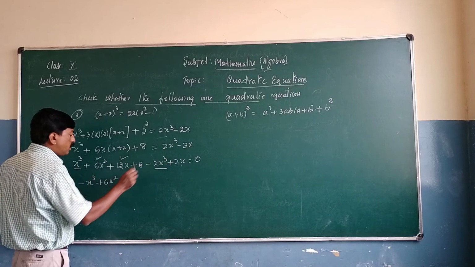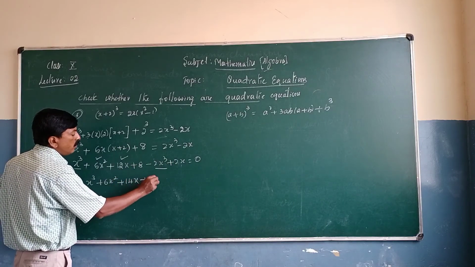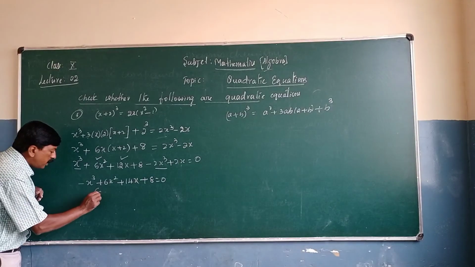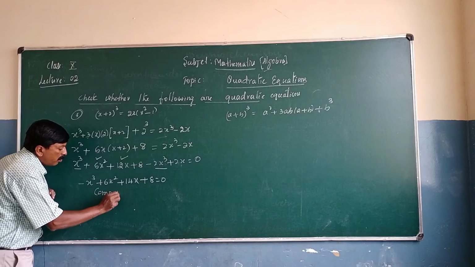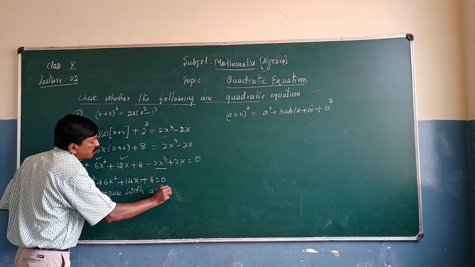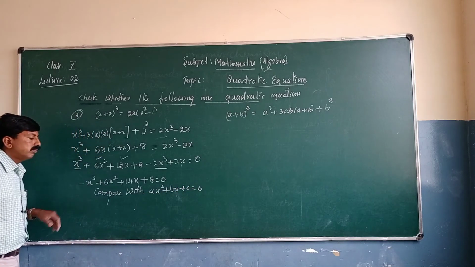Plus 12x plus 2x is plus 14x plus 8, which is equal to 0. Now compare this equation with standard form ax square plus bx plus c is equal to 0.